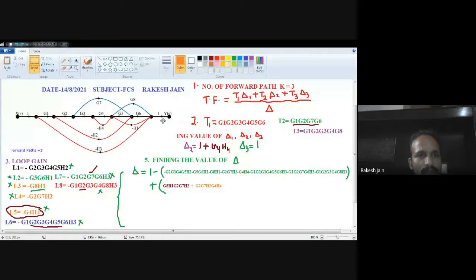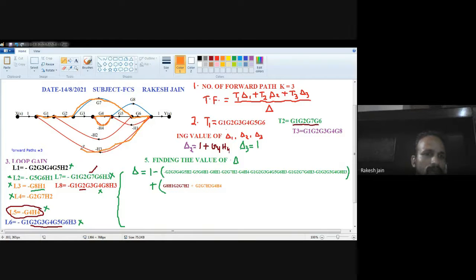Now here once again you will see the loop fifth and seventh. The loop fifth is what? Fifth is G4H4. Loop fifth is this one. And the seventh one is G1, G2, G7, then G6, and then minus S3.